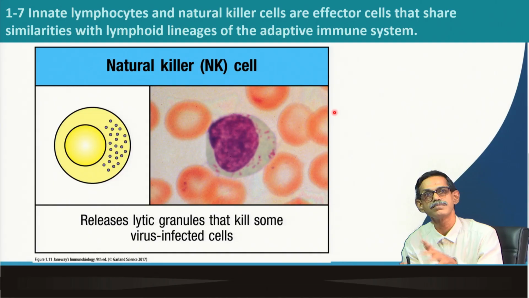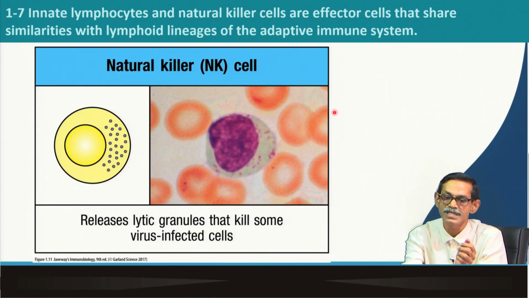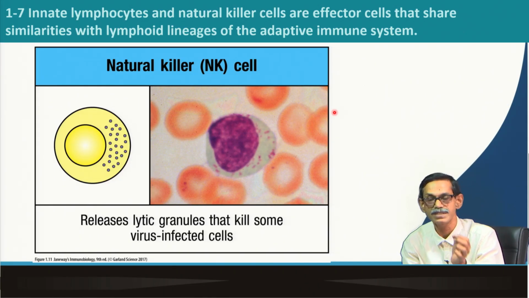Another innate lymphocyte component is the natural killer cells. The innate lymphoid cells, ILCs, and natural killer cells are also components of innate immunity. These are effector cells that share similarities with the lymphoid lineage.